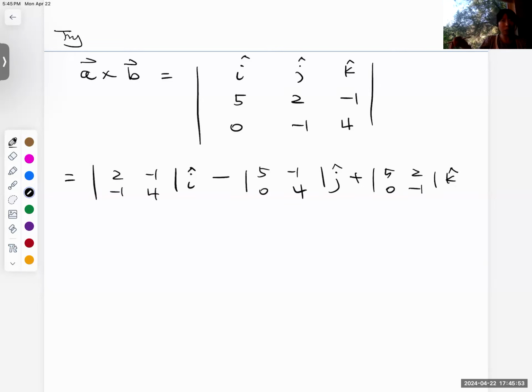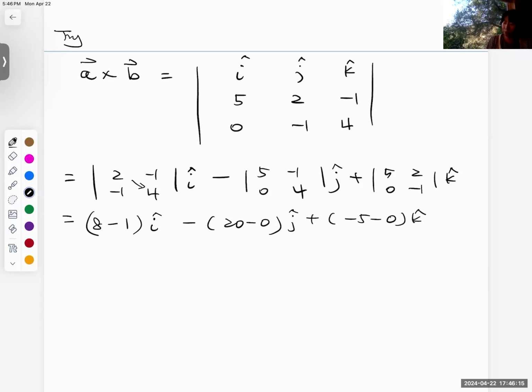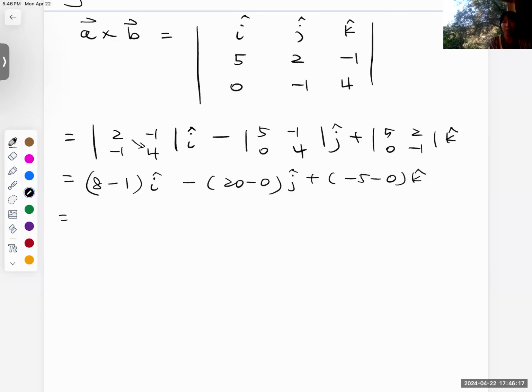All right, now, so I minus 20 minus J 0, J plus -5 minus 0, K, right? So what do you get? 7I minus 20J minus 5K, right? Very good.